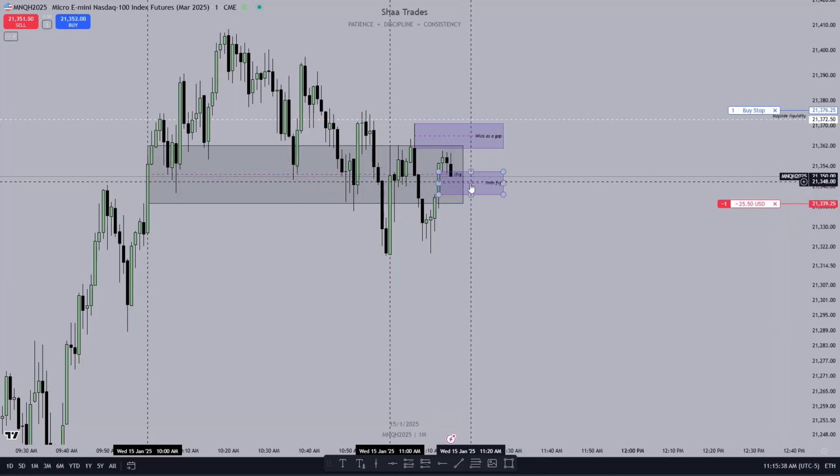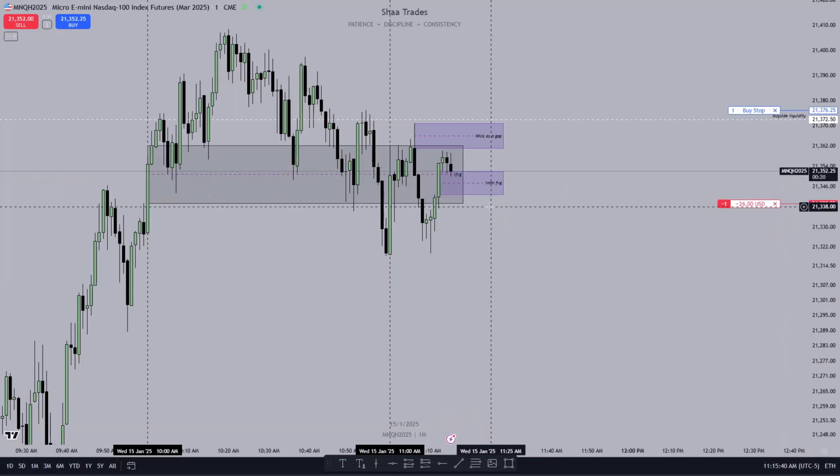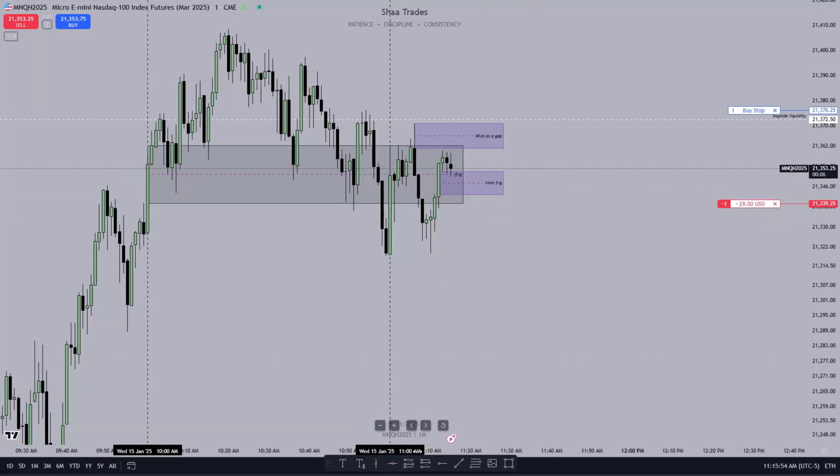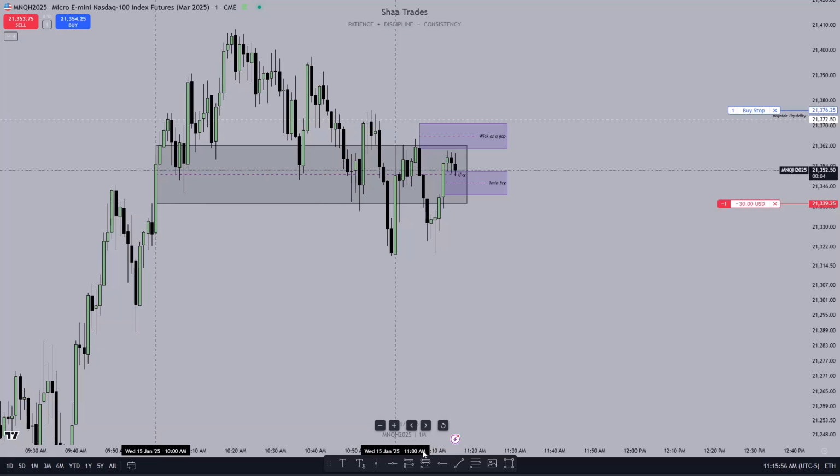I want to see price close below this and treat this as an inversion. If it doesn't, then that just tells me something in price. It still wants to go above there, and I don't want to be a part of that if it does that, right?